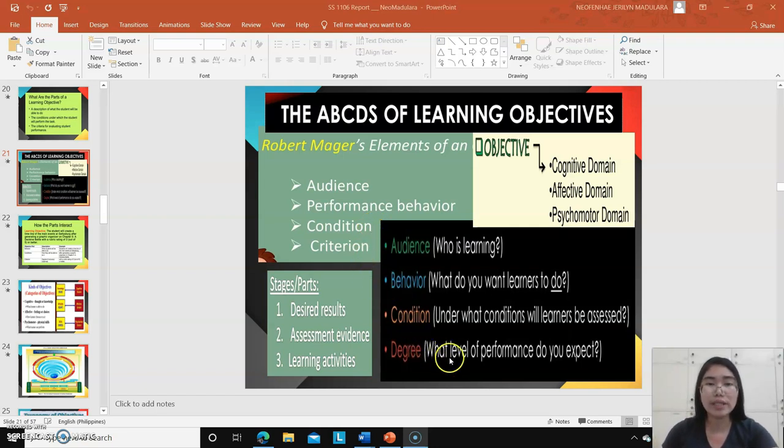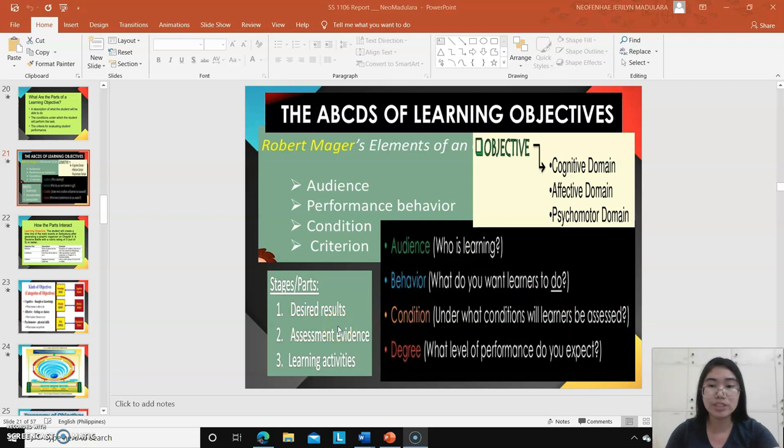Criterion. So what level of performance do you expect? So criterion or degree, what level of performance do you expect? Like for instance, they will be able to enumerate all the capitals of the world in not less than 5 minutes. Imagine, right?